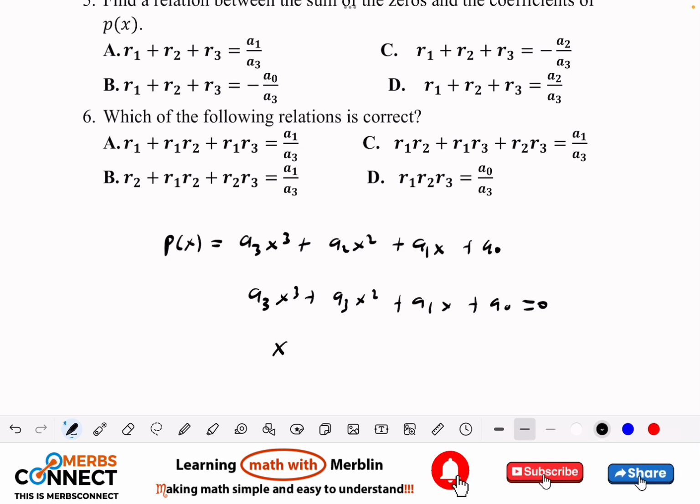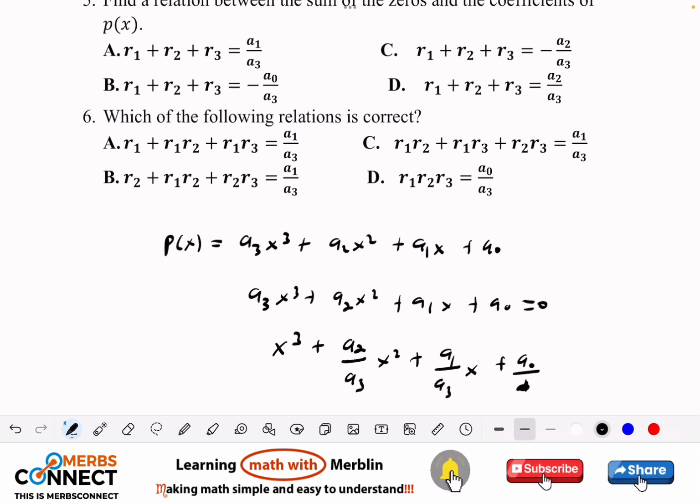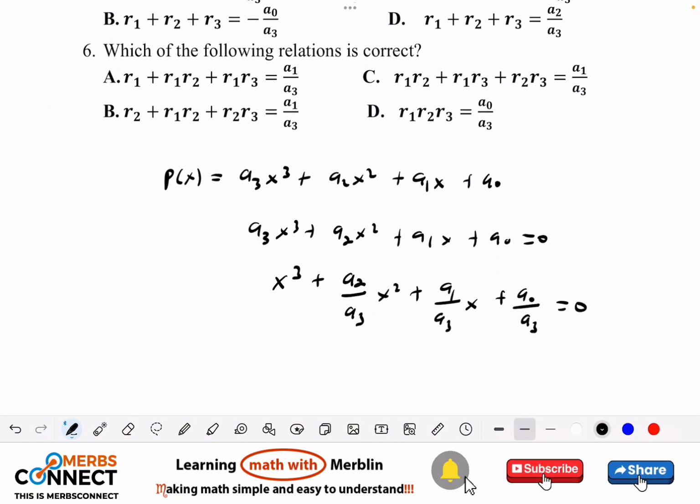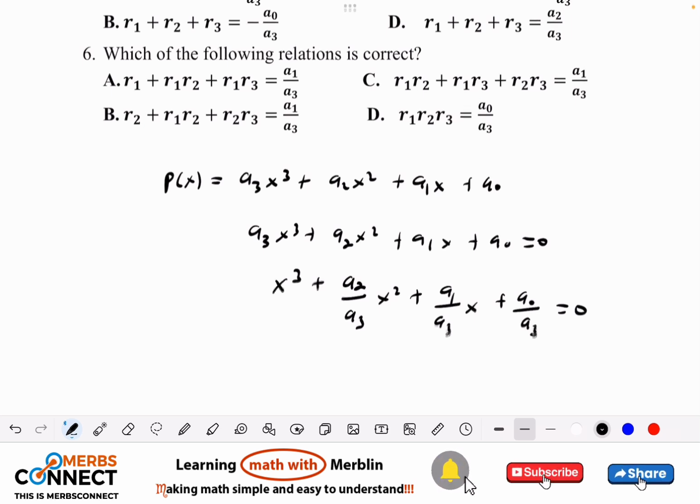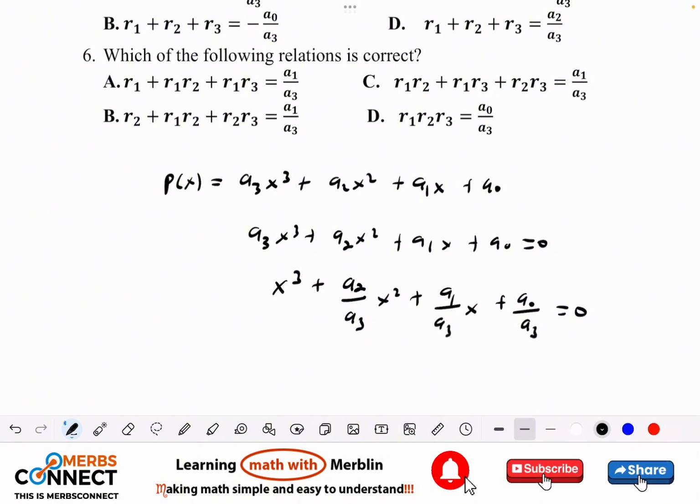So when I do that, I'm going to get x cubed plus a2 divided by a3 x squared plus a1 divided by a3 x plus a0 divided by a3 is equal to 0. So I'm showing you how to get it, but when we finish, you need to also learn the shortcut. So now you know all the formulas, so you just pick them straight away, right?